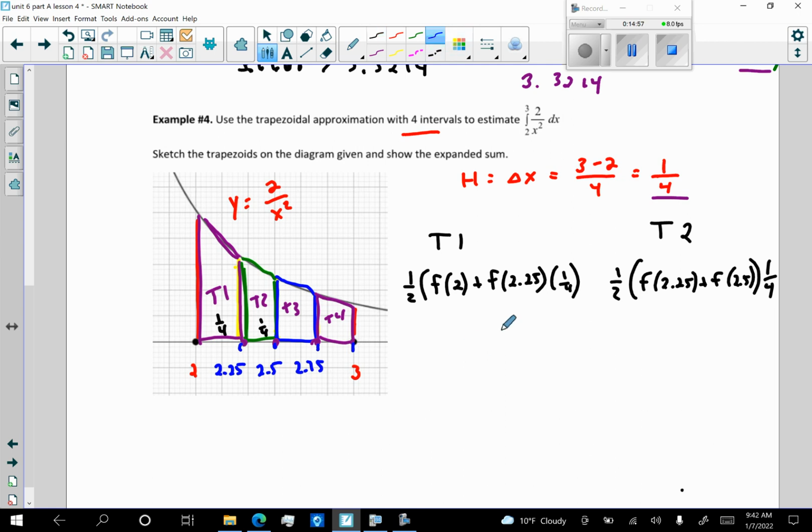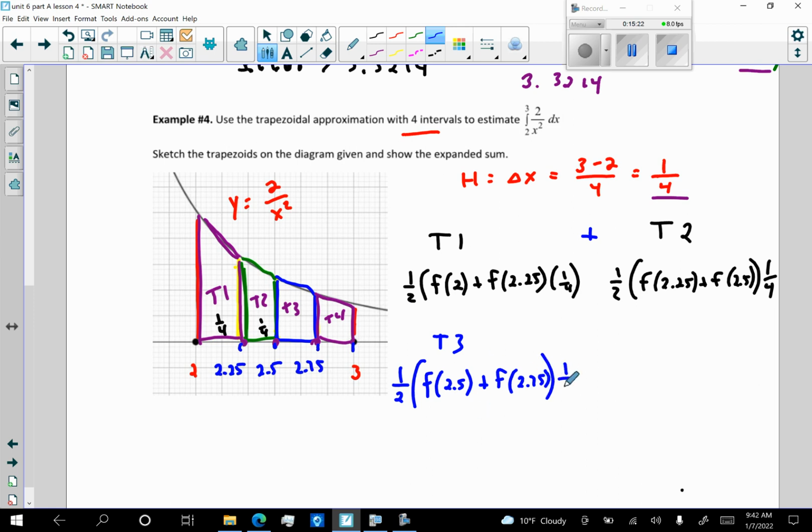Trapezoid 3. We're going to add these together. Trapezoid 3, again, is going to be 1/2 times the sum of the bases. The sum of the bases are going to be f of 2.5 plus f of 2.75. That's 1/2 sum of the bases.